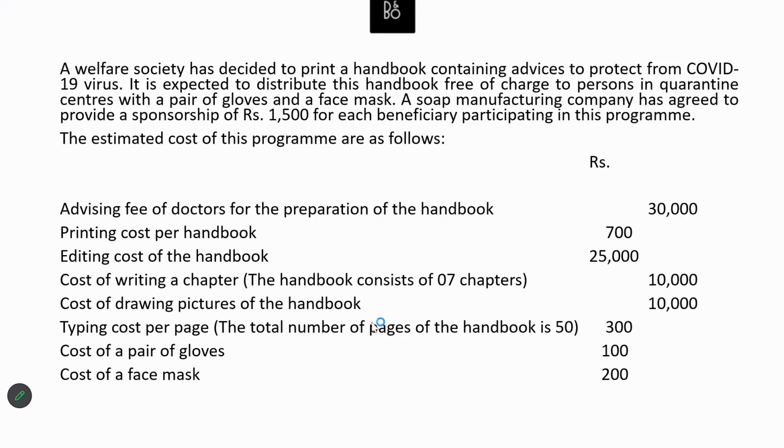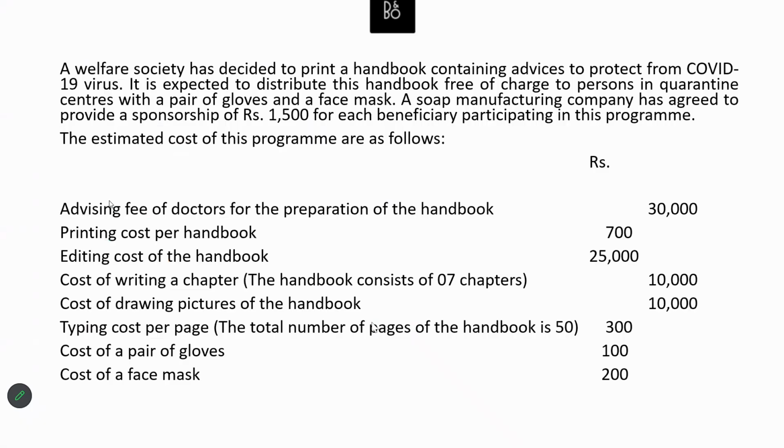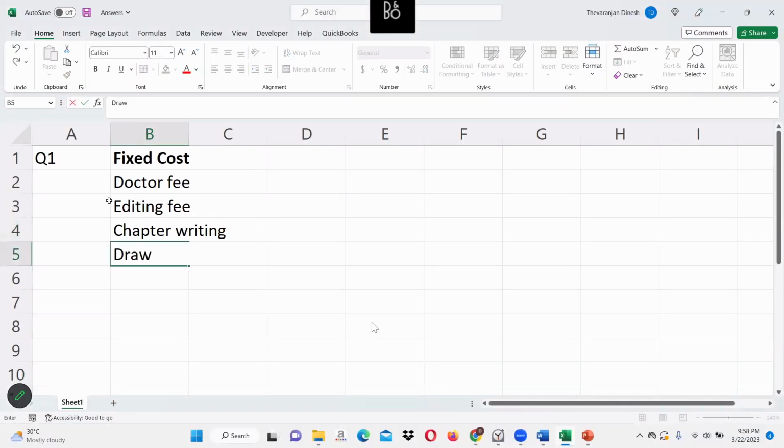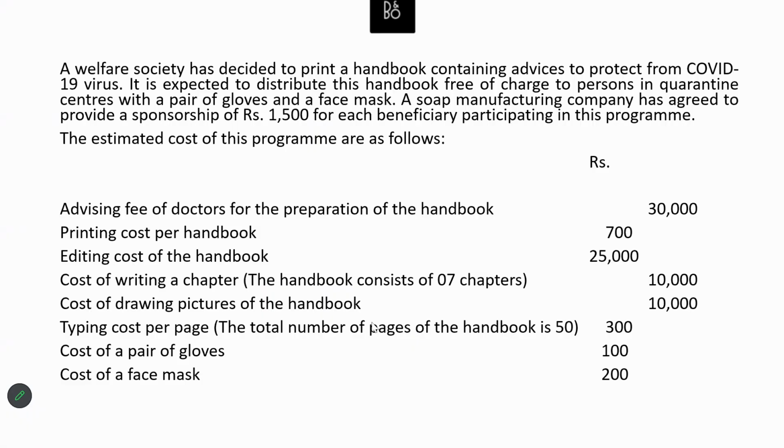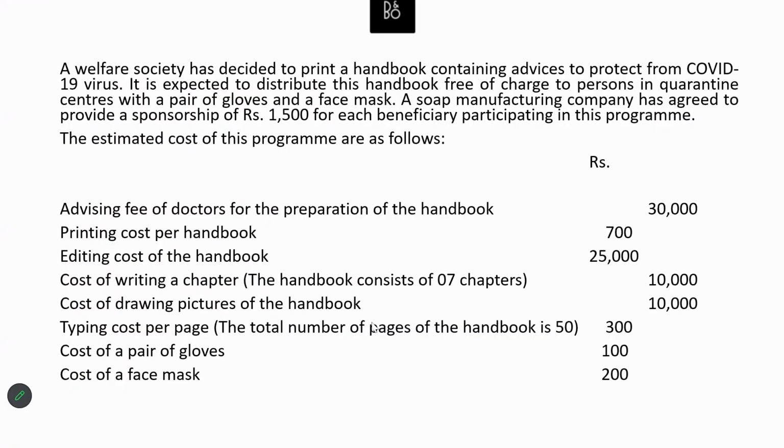Then chapter writing, then cost of drawing. I will write it short. Cost of drawing. Then typing cost. I hope there are 5 fixed cost elements.